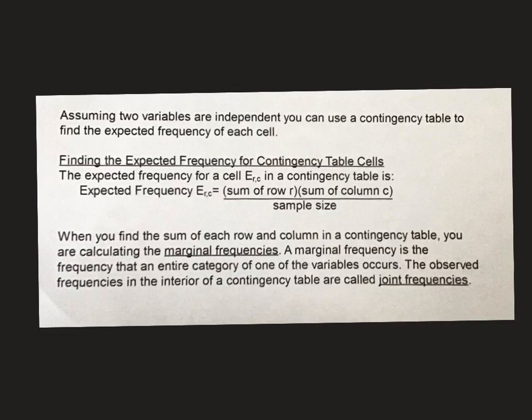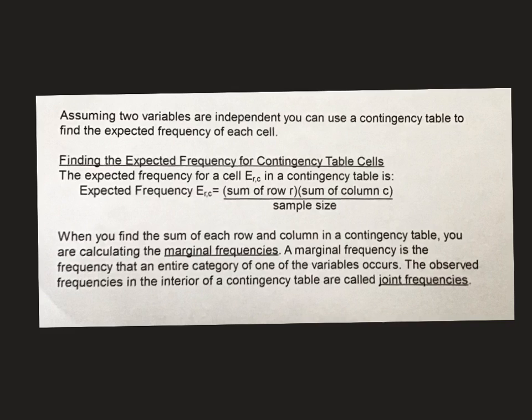When you find the sum of each row and column in a contingency table, you're calculating the marginal frequencies. A marginal frequency is just the frequency that an entire category of one of the variables occurs. So if we go back to the ice cream, regardless of whether it was male or female, 1,002 people picked a cup as their favorite way to eat ice cream.